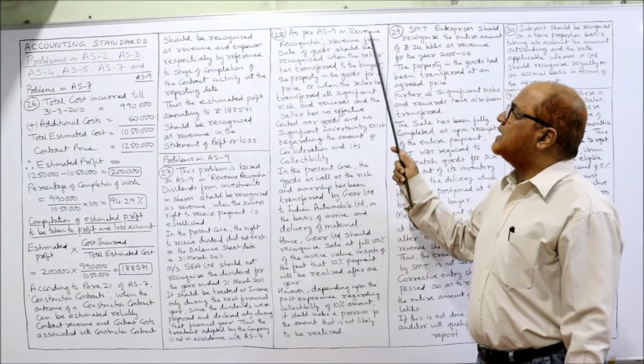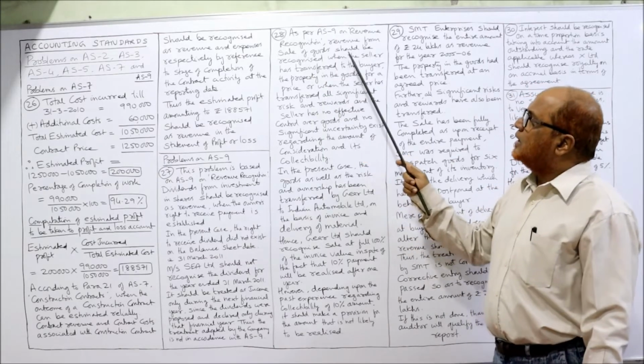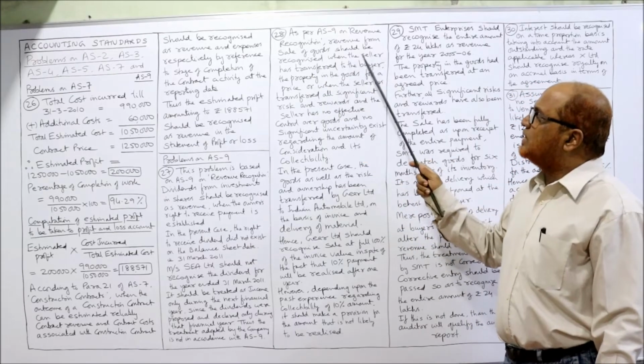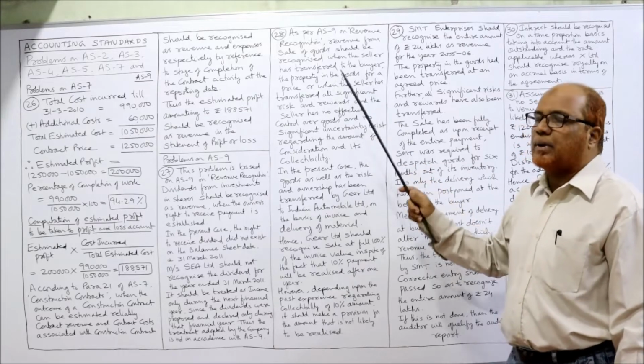As per AS 9 revenue recognition, revenue from sale of goods should be recognized when the seller has transferred to the buyer the property in the goods for a price.